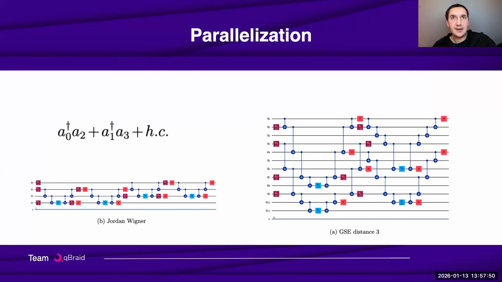In this case, for the Hamiltonian on the top left, using Jordan-Wigner, I think it was depth 27 to do a first order Trotterization of it. Whereas here we used 3 times as many qubits because it's a distance 3 code, but the total circuit depth is actually 24 instead of 27, just because you can now perform some Trotter operations in parallel that you could not using Jordan-Wigner.